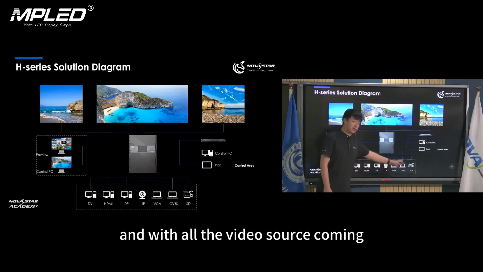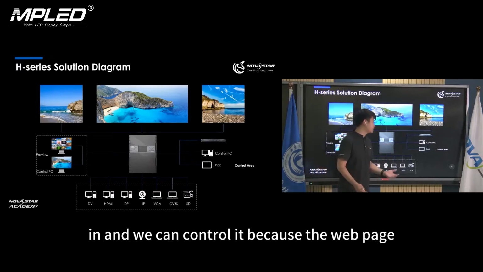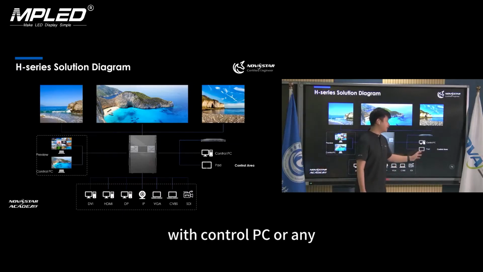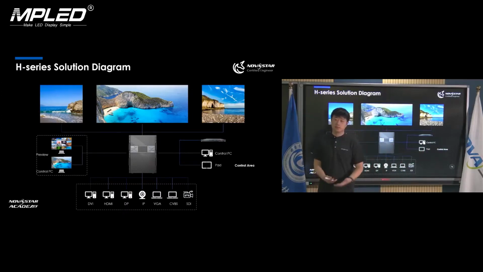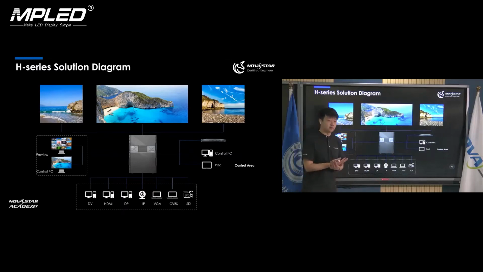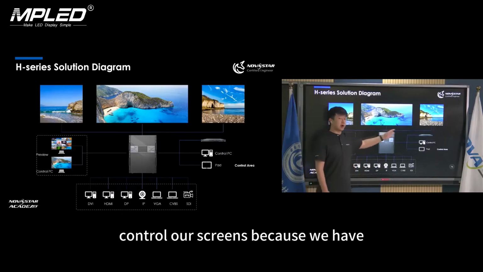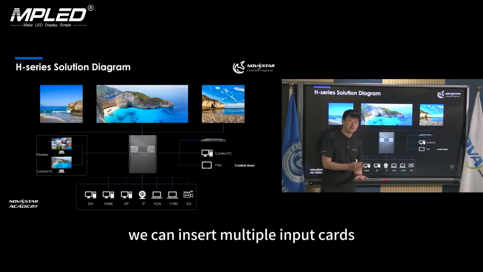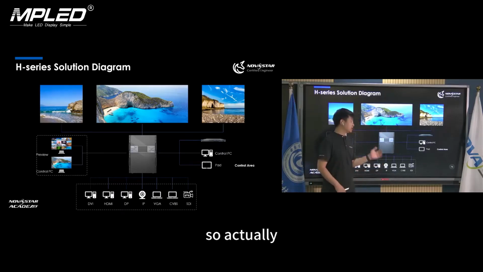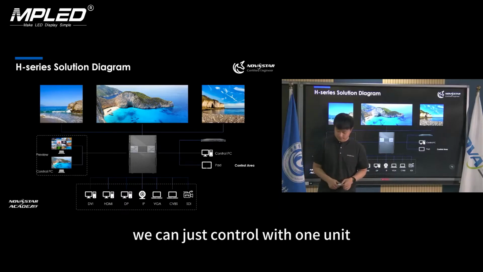With all the video sources coming in, we can control it through the web page with a control PC or any mobile device. We also have the monitoring card to monitor real-time video inputs and outputs, and then control screens. Because we can insert multiple input cards, even if you have multiple screens on site, we can control them with just one unit.